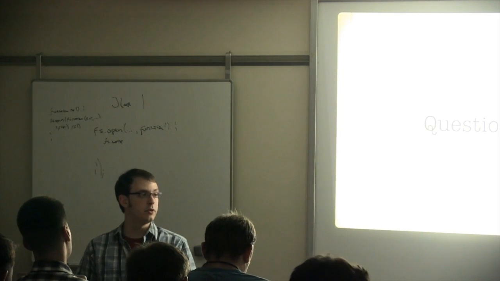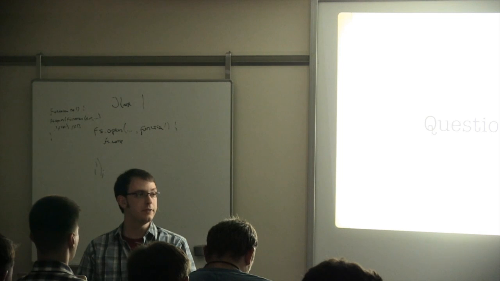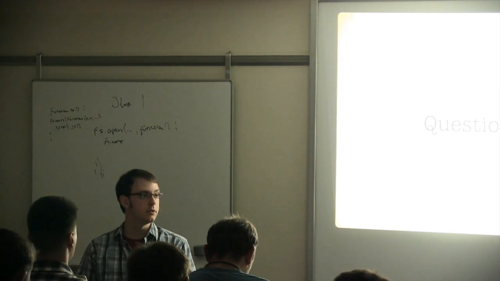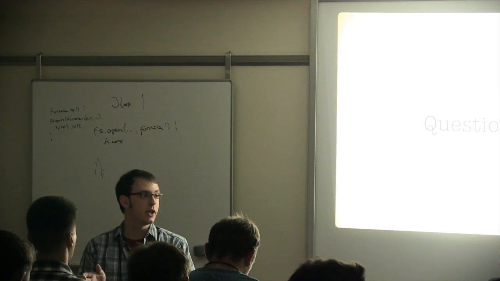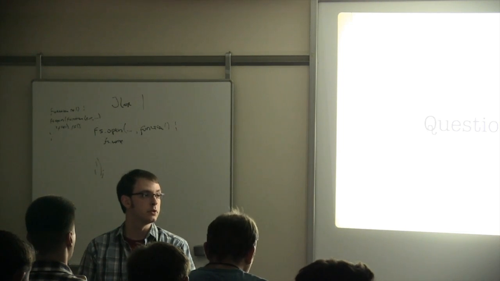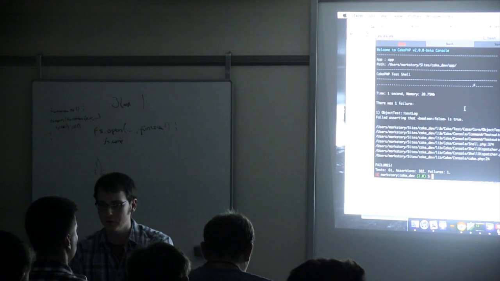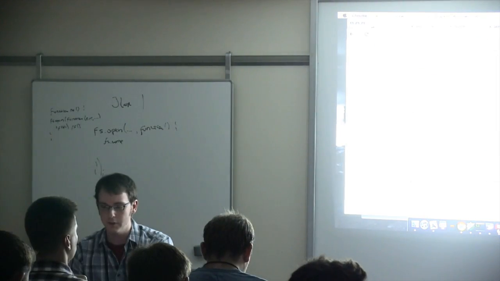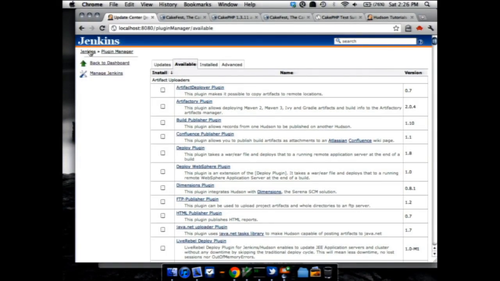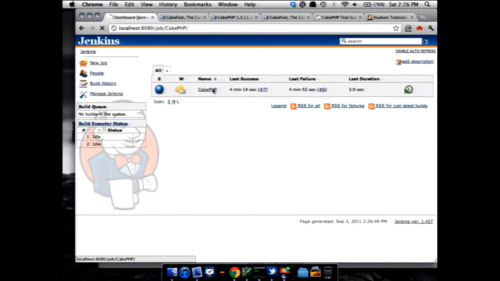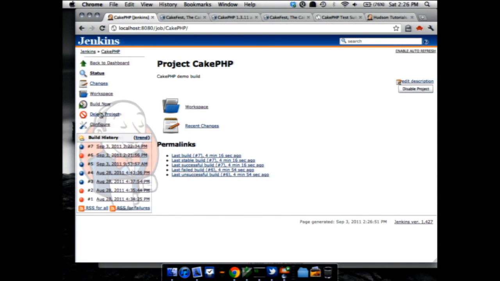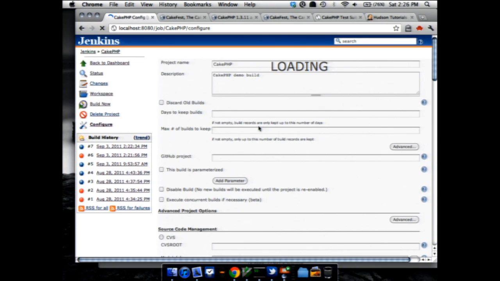On a post receive, GitHub can fire a webhook with basically what you would get in a post receive if you were running your own Git server. You can also configure Jenkins to just poll the source control. So if you don't have something that's going to give you notifications, you can set it up to just poll the source control. You might have to install a plugin for that.